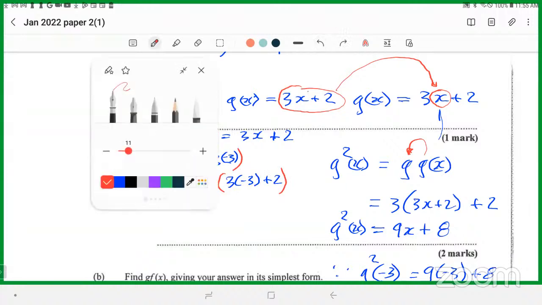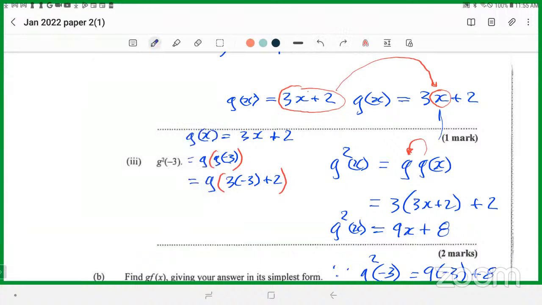So I'm now working out g of negative 7. I'll put a red bracket again so you can see it more clearly. How do I get g of negative 7 now? Plug back negative 7 in g again to get g of negative 7.